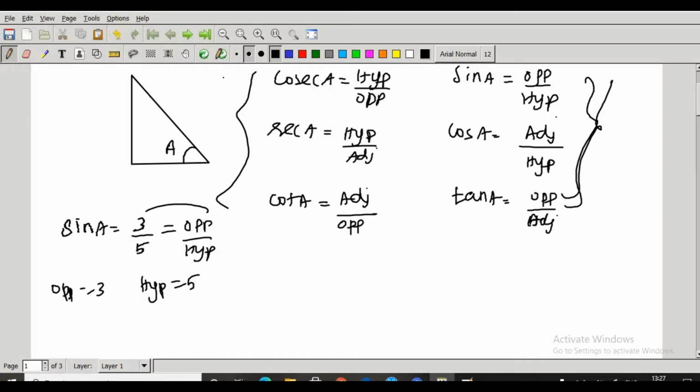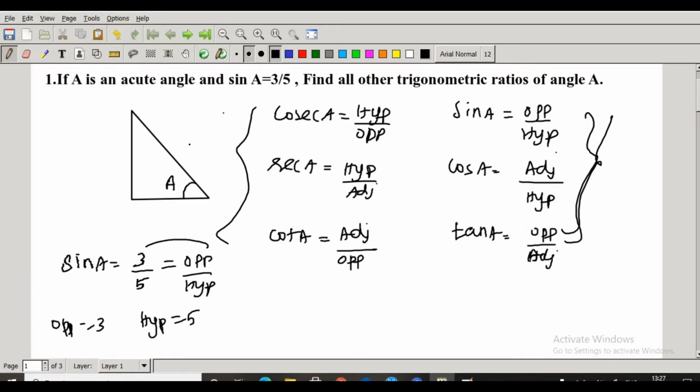In this right angle triangle, this particular side is the hypotenuse, this side is the opposite, and this side is the adjacent side. We just have to replace the values according to the respective sides. So the opposite side value is 3 and hypotenuse is 5, and we don't know the value of adjacent.